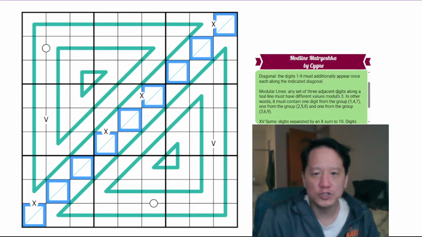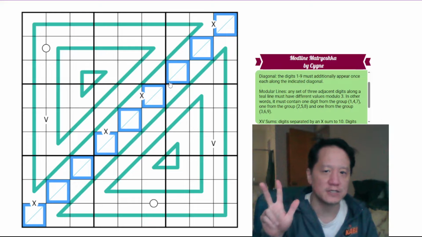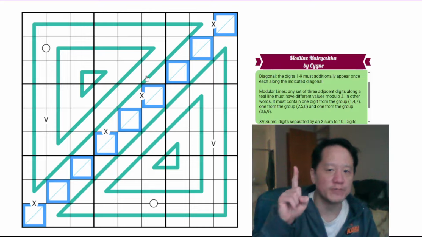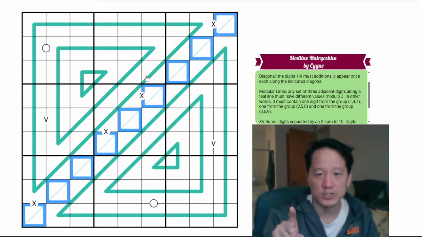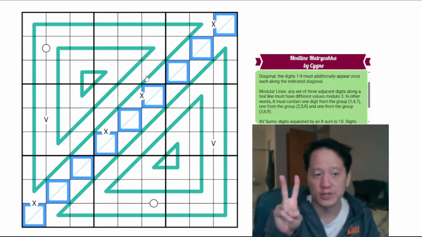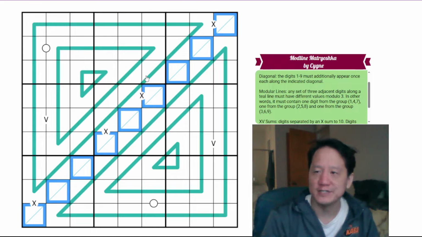We have modular lines, where any set of 3 adjacent digits along a teal line must have different values modulo 3. In other words, it must contain one digit from the group 147, which is 1 mod 3, one from the group 258, which is 2 mod 3, and one from the group 369, which is 0 mod 3.